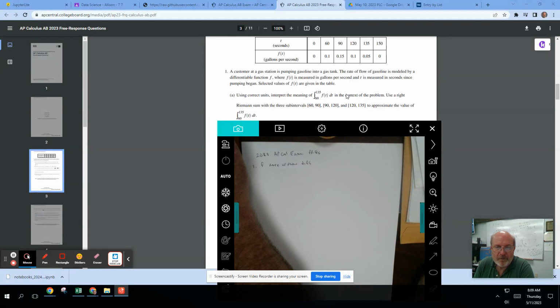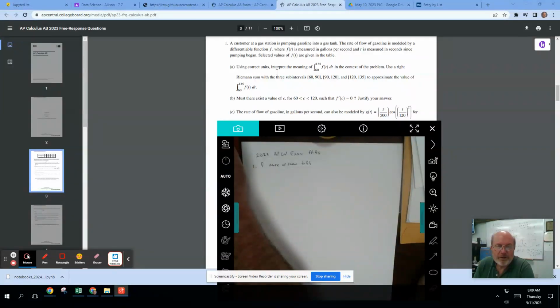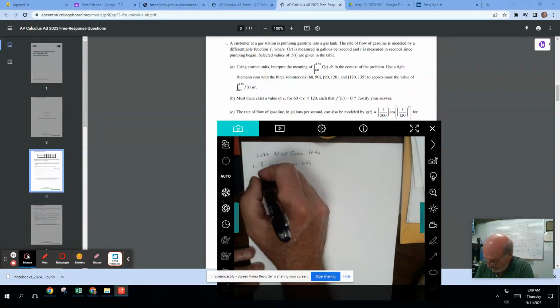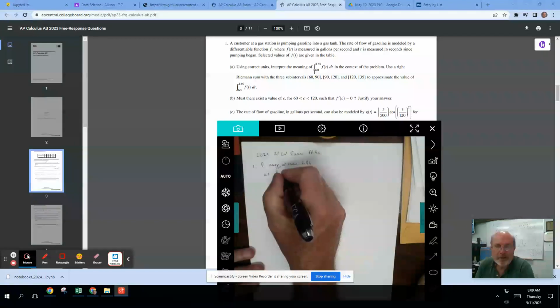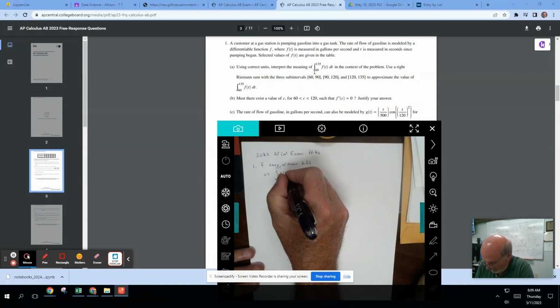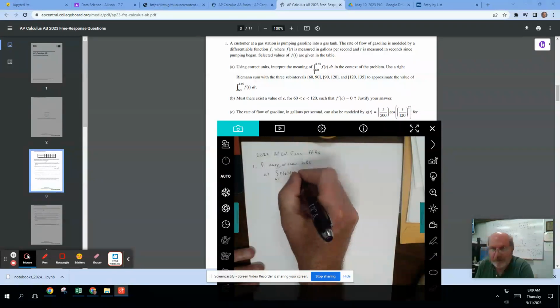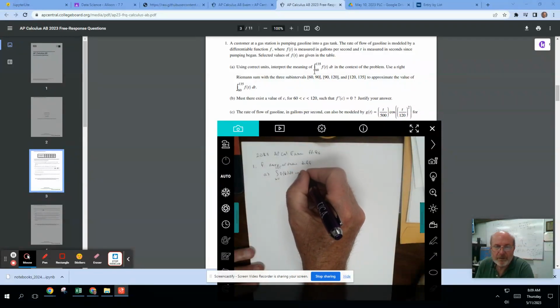Selected values given in the table. So using correct units, interpret the meaning of the integral in part A, the integral from 60 to 135 of f of t dt, in context.